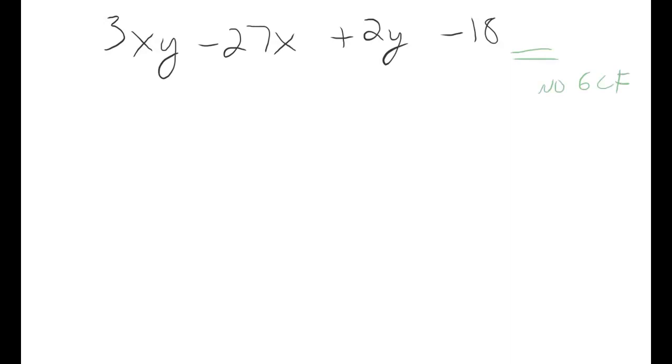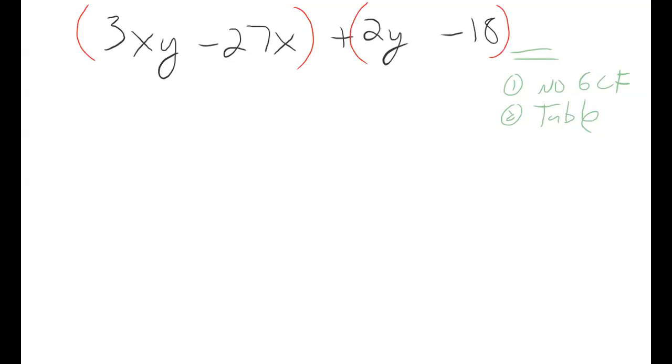So then I count how many terms I have, based on the table, right? Well, the table says if I have 4 terms, 1, 2, 3, 4, then I must do grouping. So let's go through the steps of grouping. First thing, put parentheses around the first, put parentheses around the last, and then I can go through the steps. So if I look at the first grouping, what do they have in common?